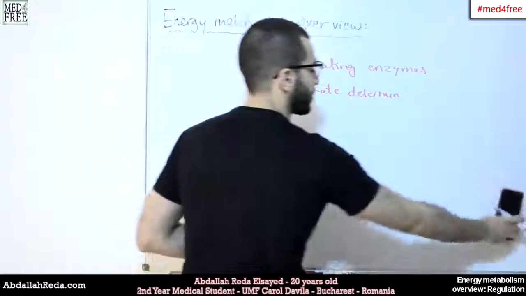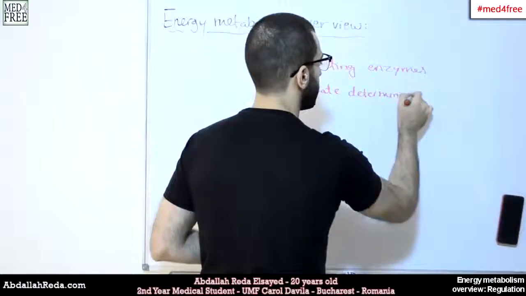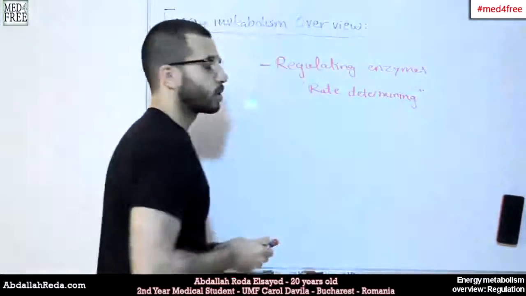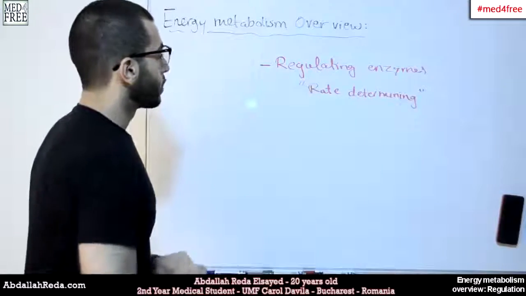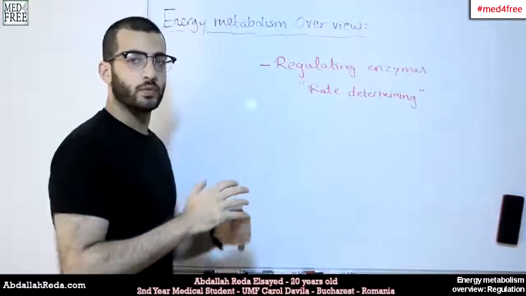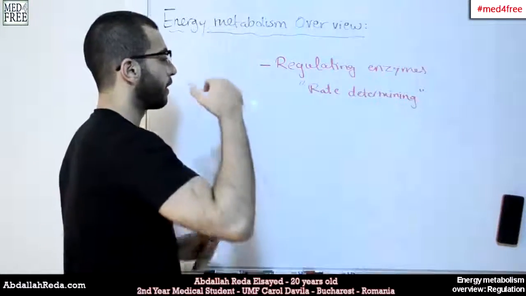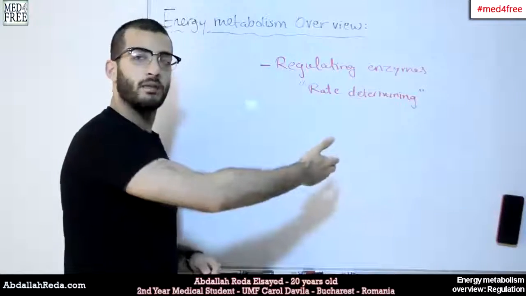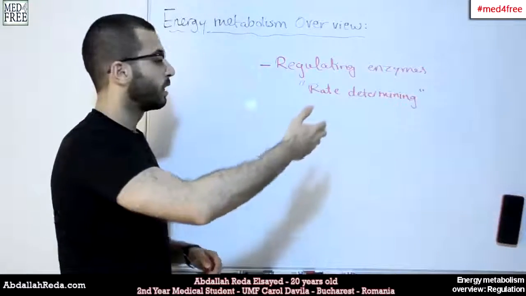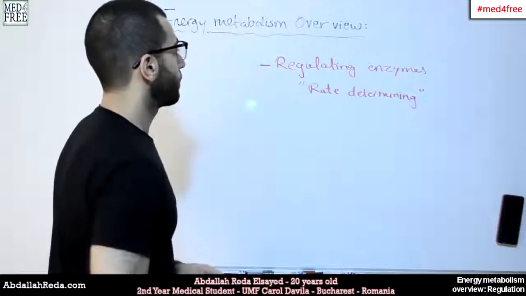So for each step we have this enzyme or couple enzymes which are crucial. So their increase or decrease would determine the proceeding of the step or stopping the process.